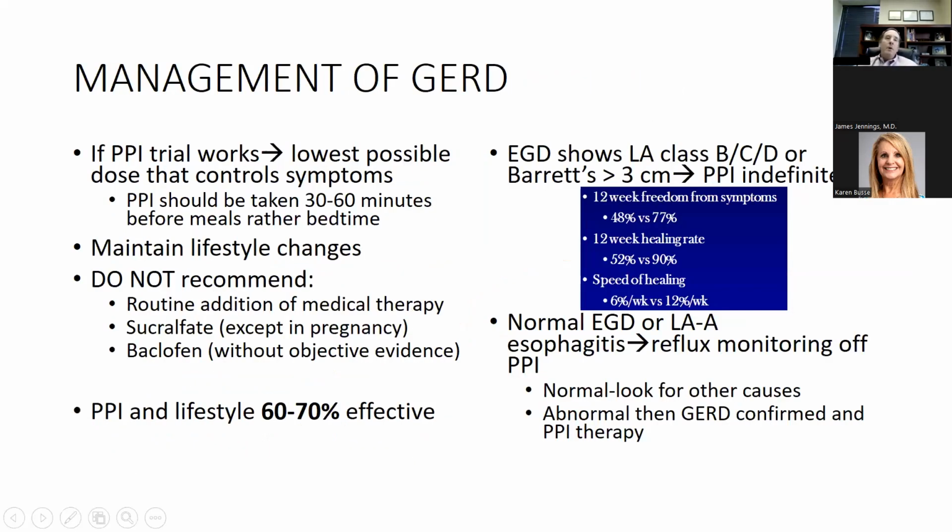So moving on to the management of reflux disease, going back to our initial patient that does not have any alarm symptoms, we put them on the PPI. We've talked about where we go with those who don't have great relief. For those who have good relief, the option is to decrease the PPI to the lowest dose possible.